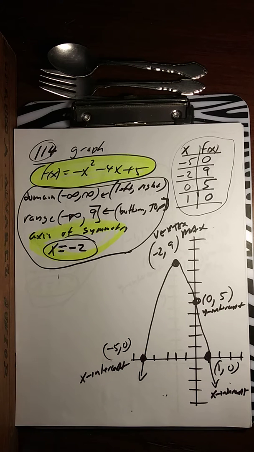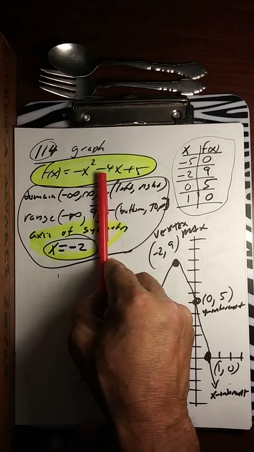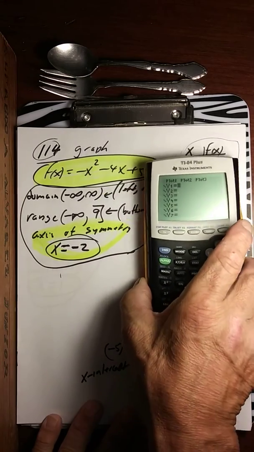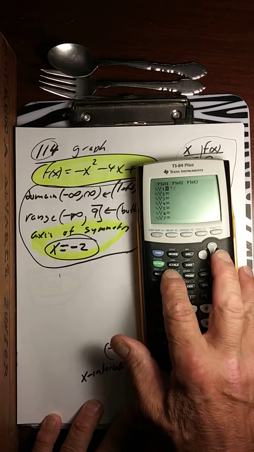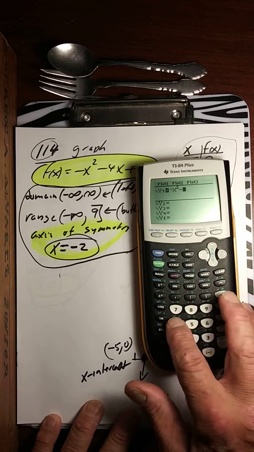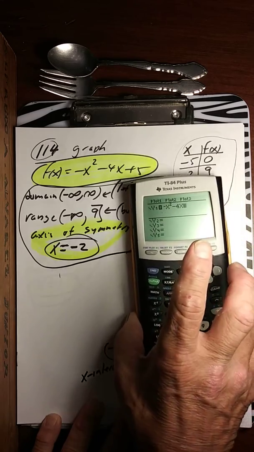Another graph. Alright. So, let's go ahead and put it in a calculator. Sure, why not? Okay. So let's put it in there. You have negative x squared minus 4x plus 5.